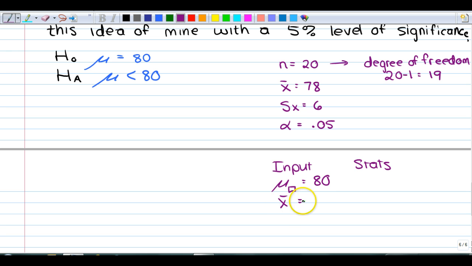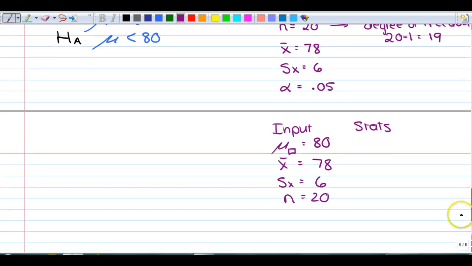My X bar is 78. My sample standard deviation is 6. N is 20. I'm choosing my alternative hypothesis in this next row. So I want to go with less than mu sub naught, and I'm going to calculate.